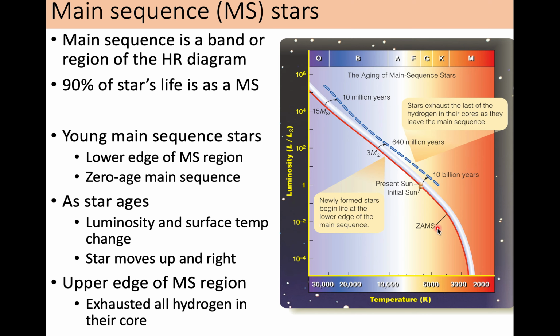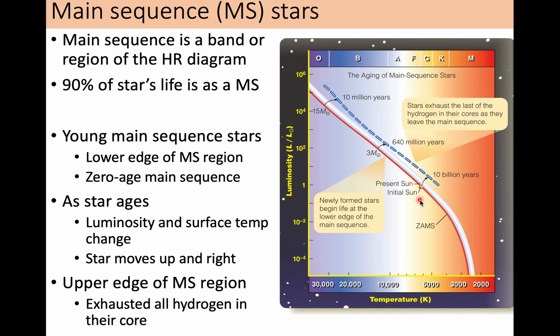Here, the ZAMS is zero age main sequence, meaning the brand new main sequence stars. And then as the star ages, the star is going to move up and to the right on our diagram along this main sequence path. So as the star ages, the luminosity and the surface temperature are changing to the point where the star is going to continue moving up and to the right across our diagram.